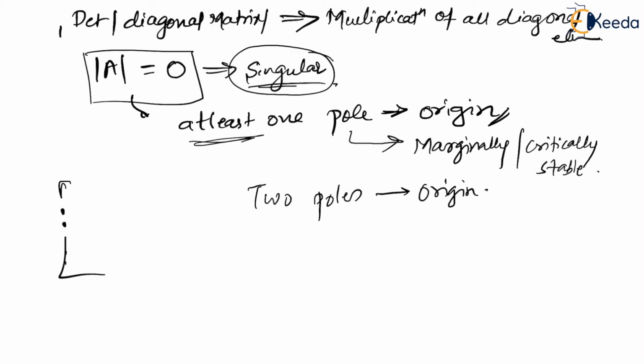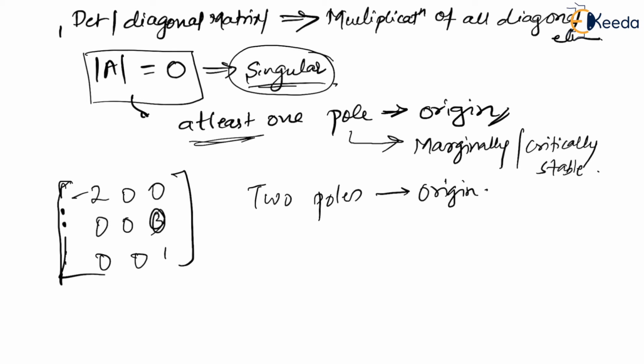You may consider, for example, minus 2 0 0, 0 0 3 0 and 0 0 1, and this minus 1. So here we have seen that this is negative, this is negative, no problem, all are good. But this is 0, right?